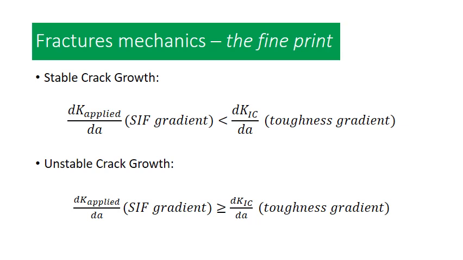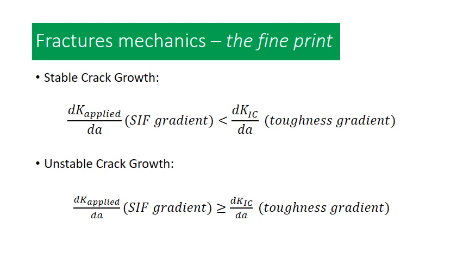Now, the way that we can determine whether we have stable or unstable crack growth is to look at the K gradient, so the stress intensity factor gradient with respect to crack depth, and compare that to the K1C gradient, the toughness gradient, also with respect to crack depth. Some of you might have seen this before. Typically, this approach is applied to strain energy release rates or J integrals for fracture problems, including plasticity considerations.